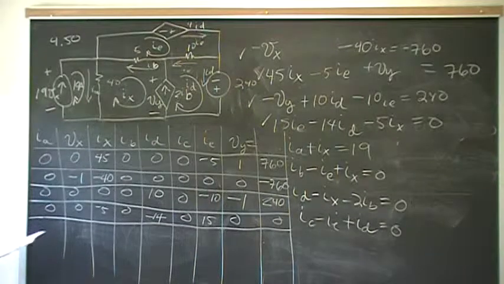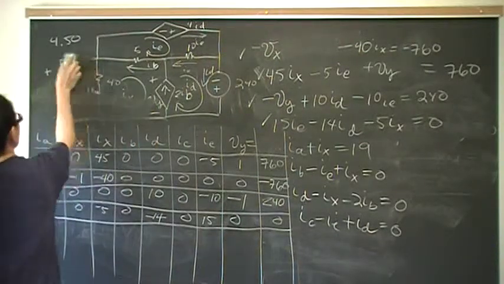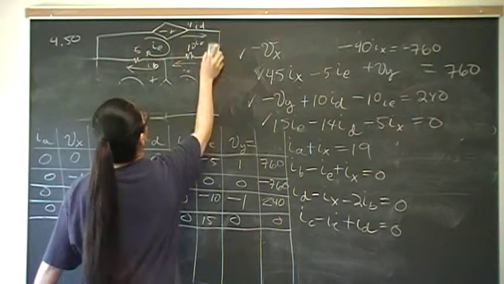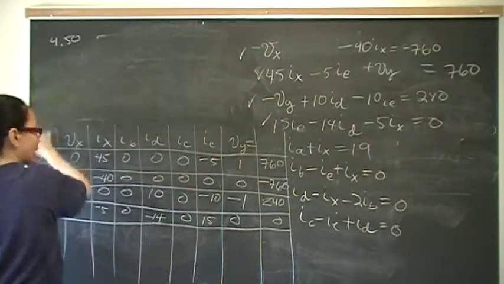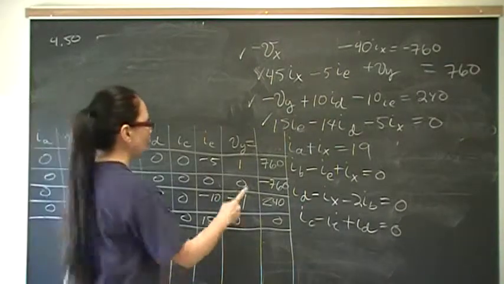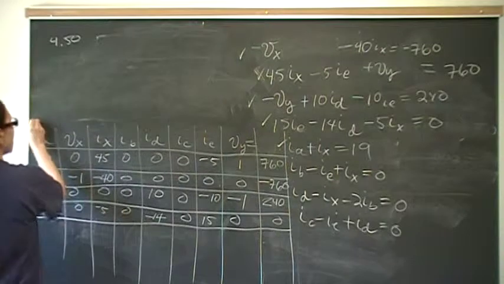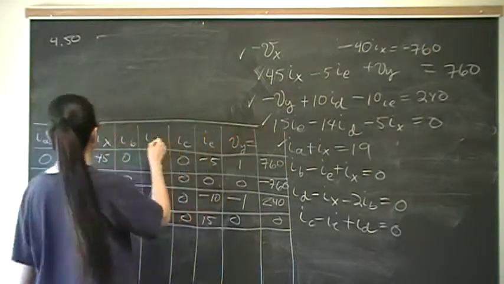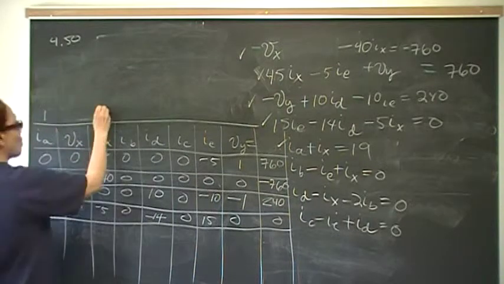I am out of space going down, so I'm going to erase this and go up. Okay, so that's that one. So now we got IA, IX, and 19. So let's go up. And we got IA is 1, IX is a 1.